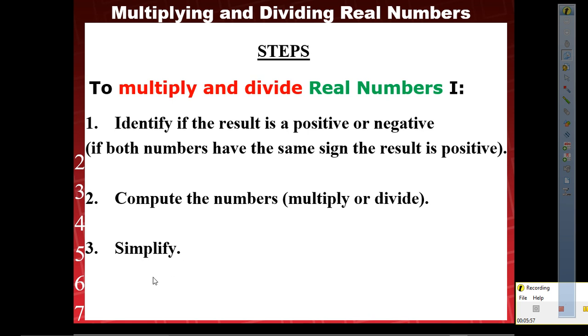Why am I only writing simplify? Talk it over with your neighbor, see if they know why we only say simplify.